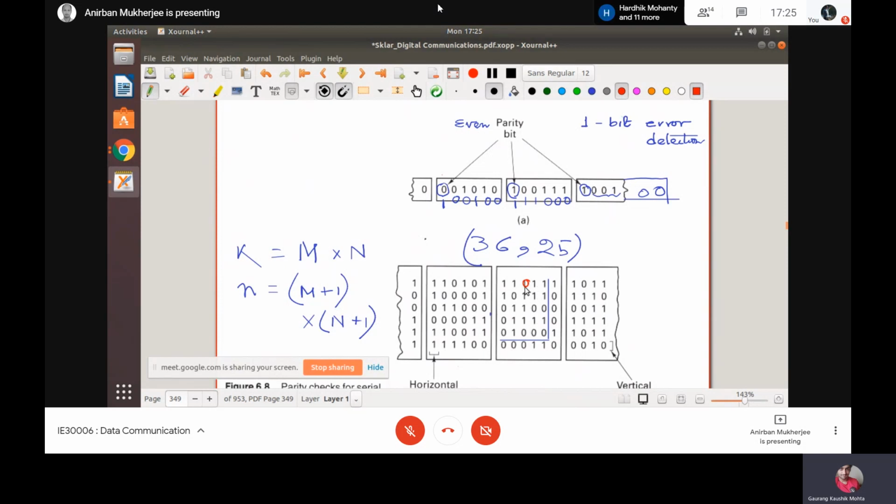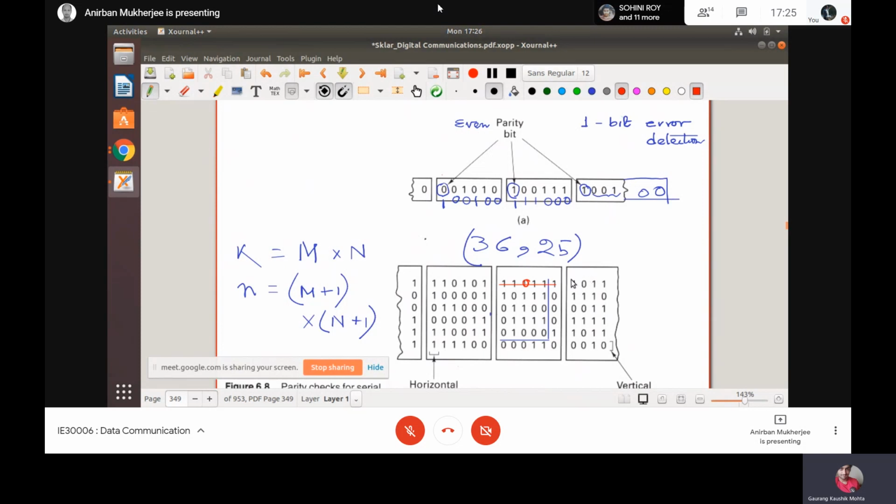Say I have an error, but I don't know actually. So what I am doing, I will check. Oh, this is the parity one, but there are already 4 ones, an even number of ones, but still there is one. That means there is some error in this row.